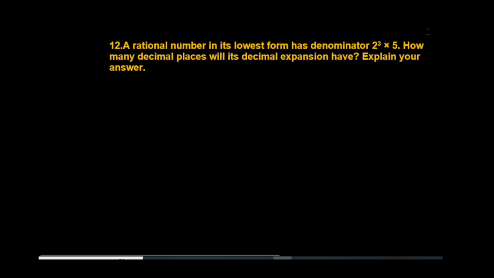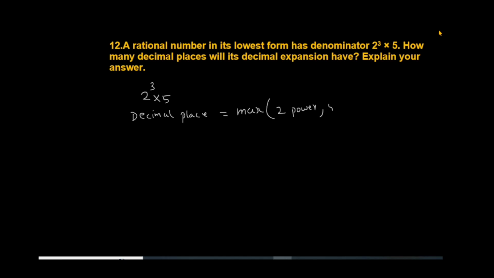A rational number in its lowest form has denominator 2 power 3 into 5. How many decimal places will its decimal expansion have? Explain your answer. So whenever we are talking about decimal places, how do we say it? It is the maximum of 2's power and 5's power.